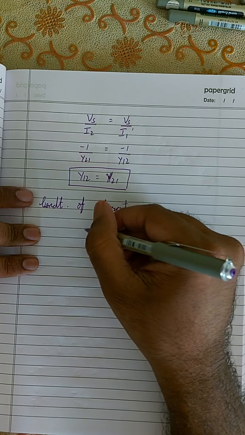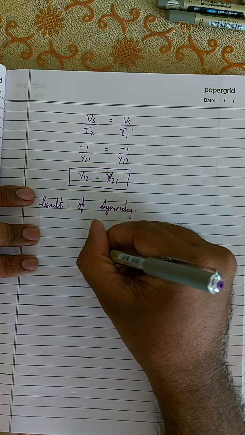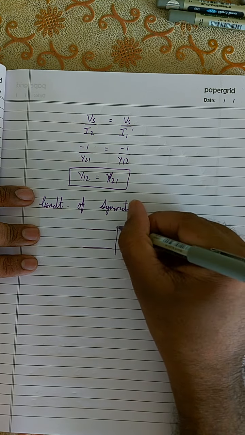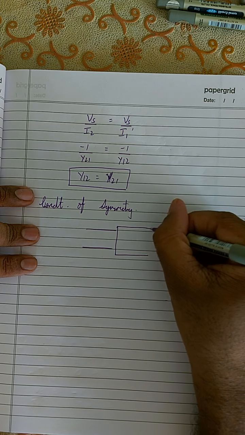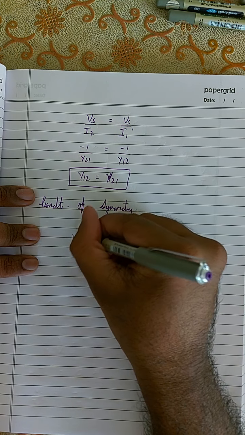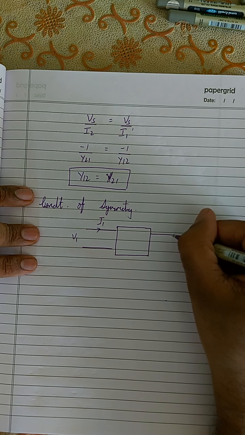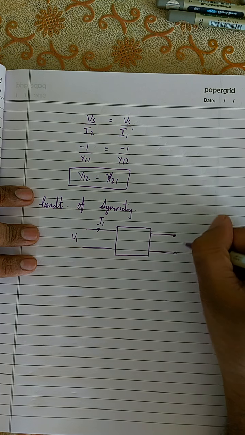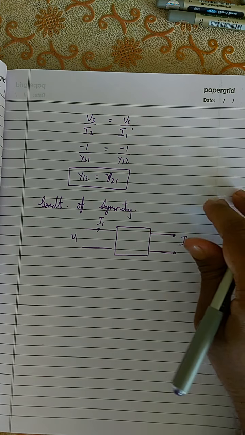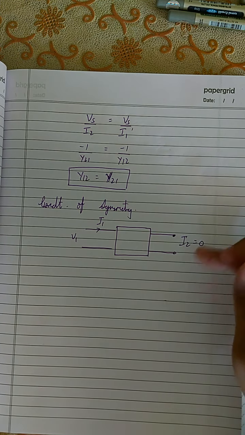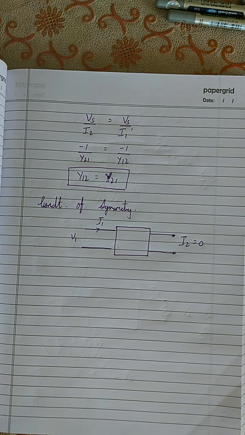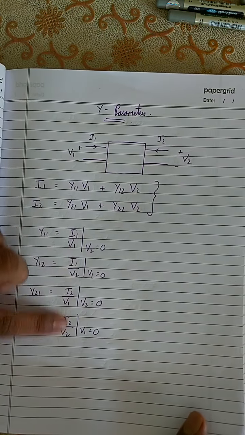So first I will find the value of V1 by I1, with V1 and I1 at port 1, keeping the second port open. Open means I2 is equal to 0. I need to find V1 by I1 when I2 is equal to 0.